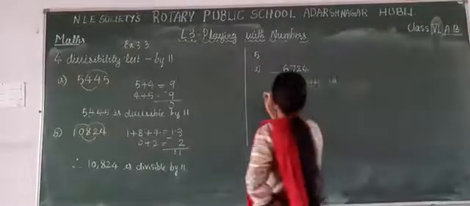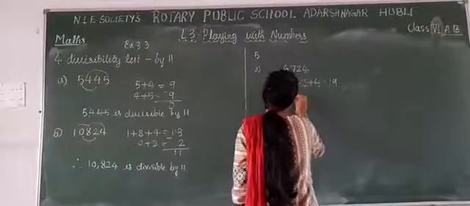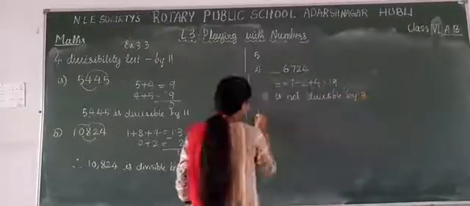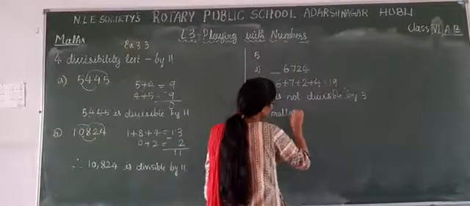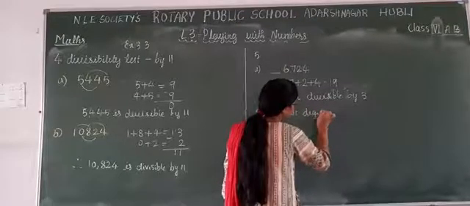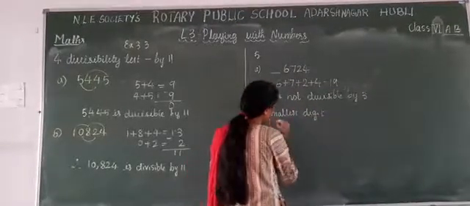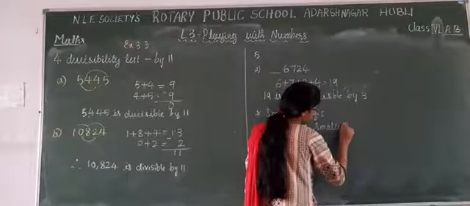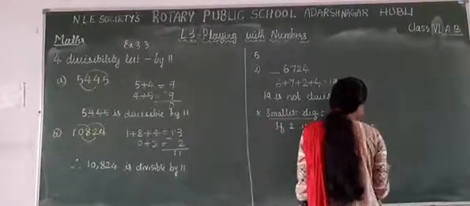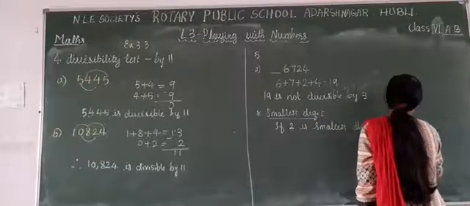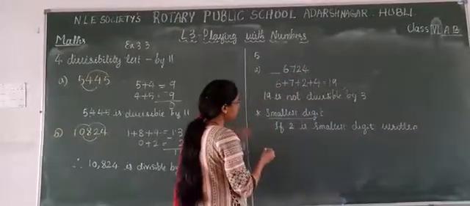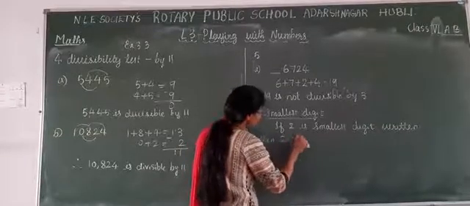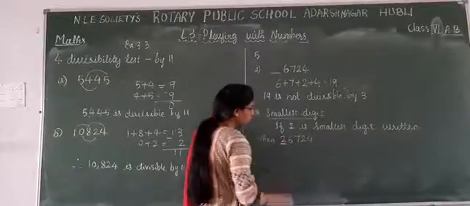So 19 is not divisible by 3. If 2 is the smallest digit written, then that number will be divisible by 3. The number is 26,742.